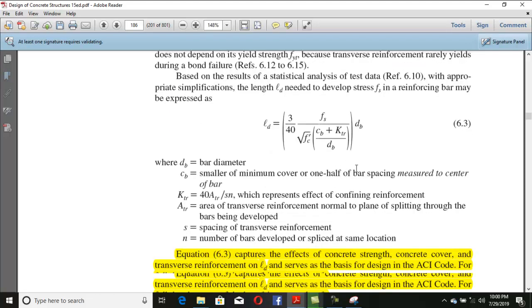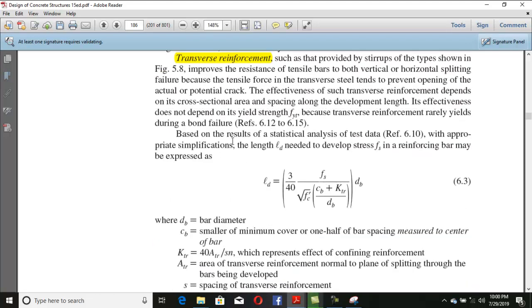This is a formula you will see based on the results of statistical analysis. It is an experimental formula.